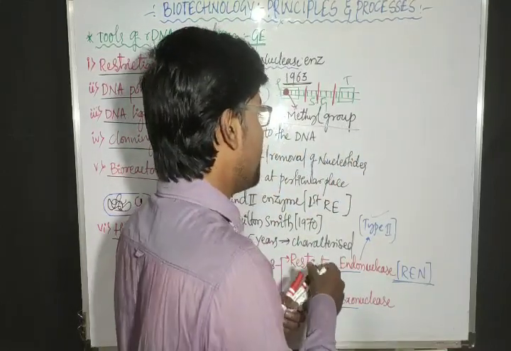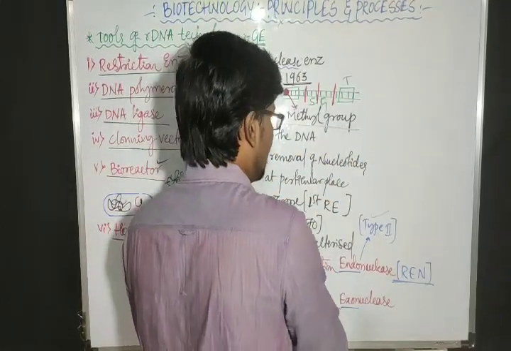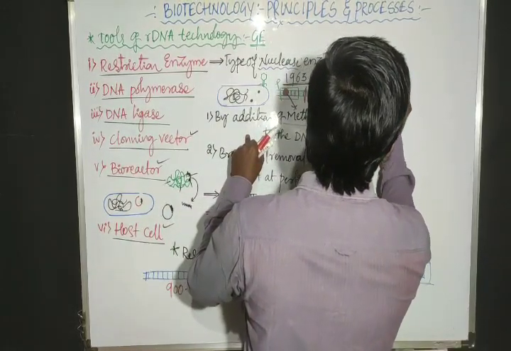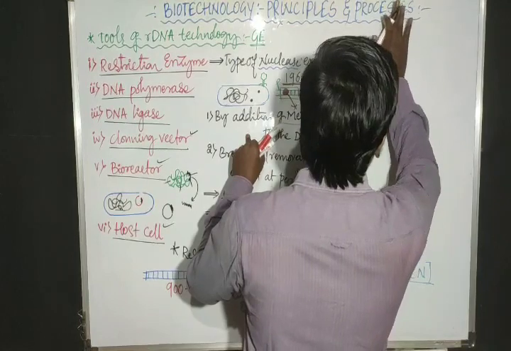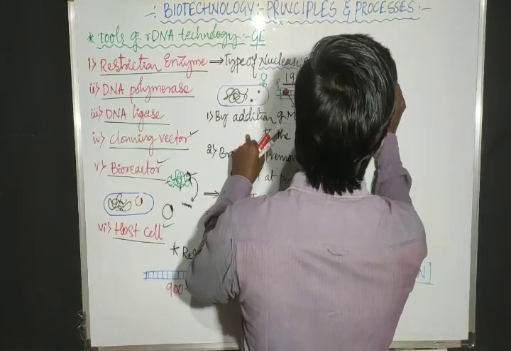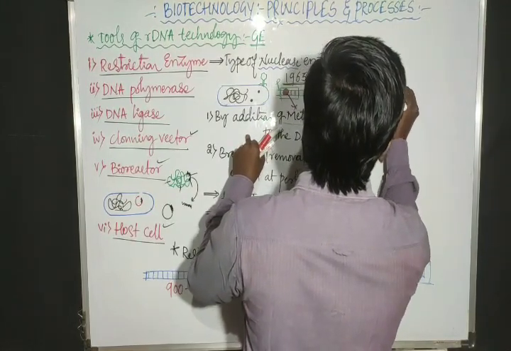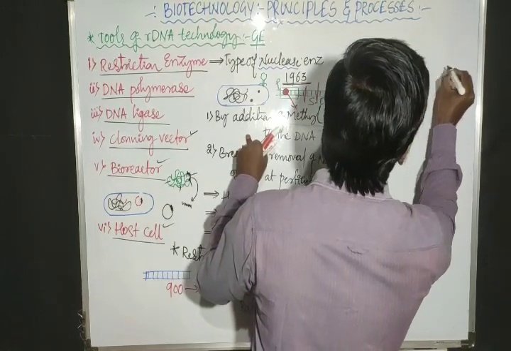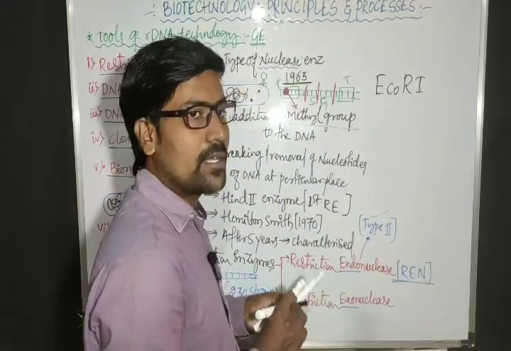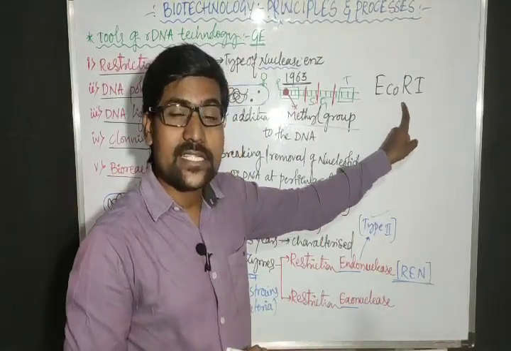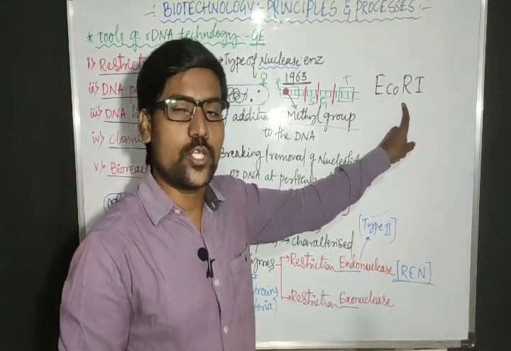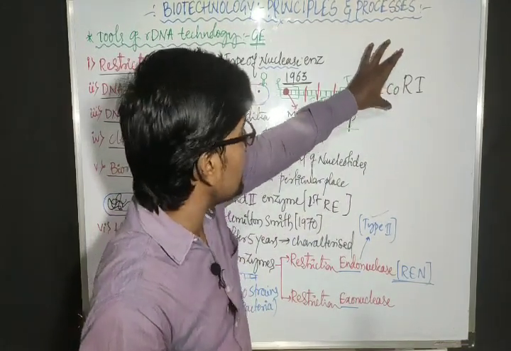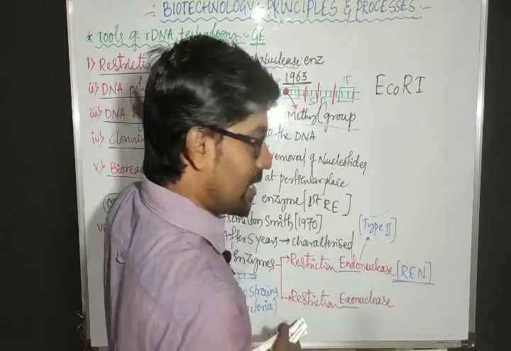So that enzyme is EcoR1. This is the name of the restriction endonuclease enzyme that is mostly used and most studied, and it is the major enzyme used in construction of rDNA.